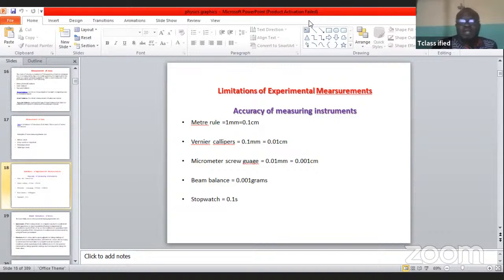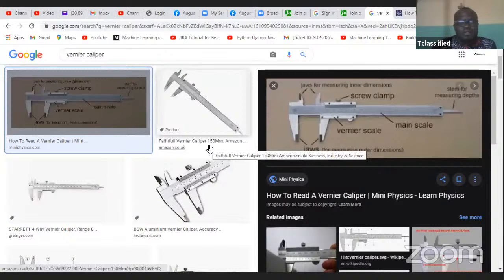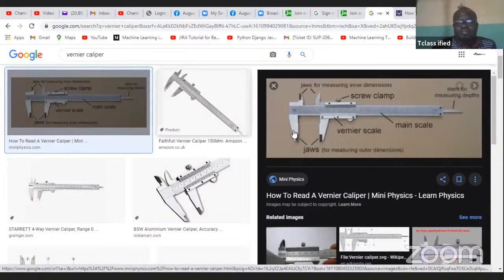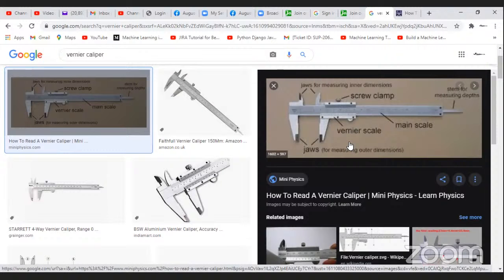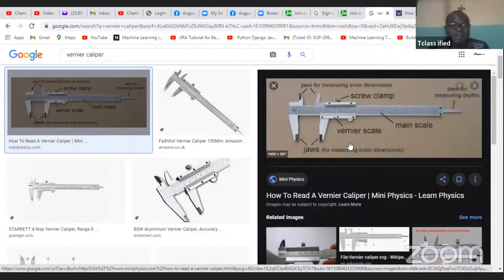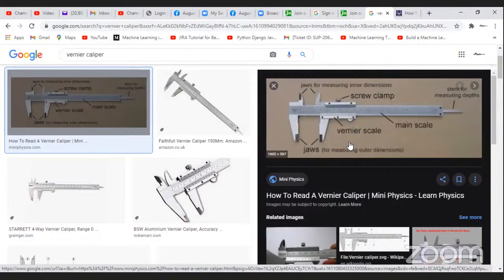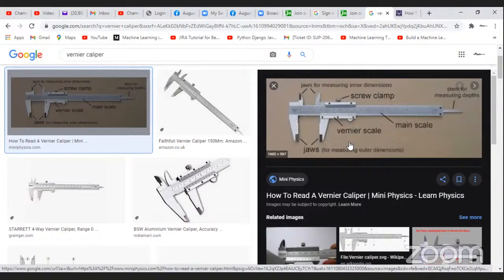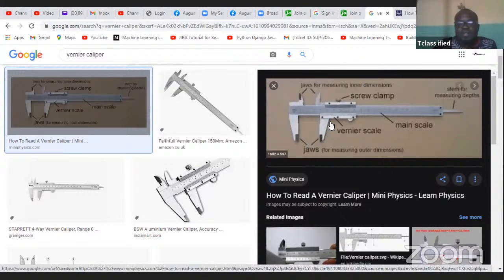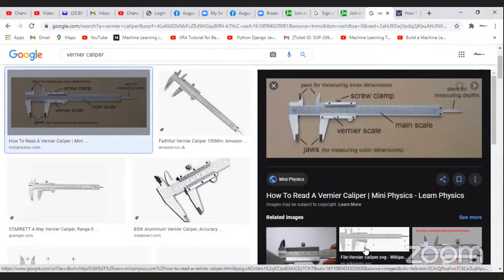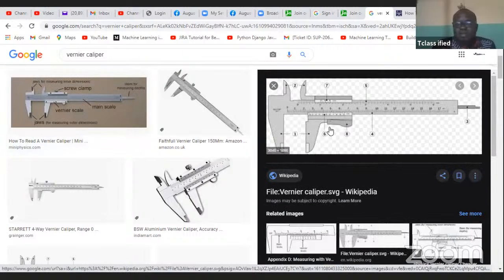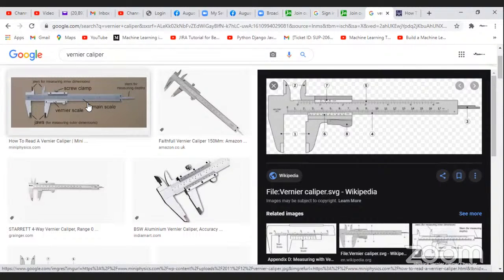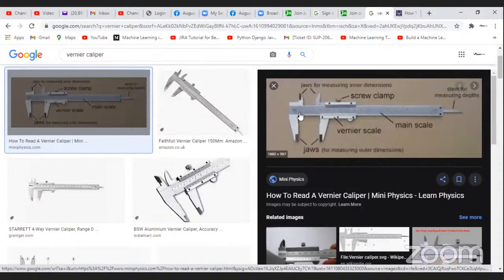What is a vernier caliper? If you see a vernier caliper, can you identify it? Can you see this diagram? Yes. These are multiple diagrams of a vernier caliper. So I can identify it if I see it.